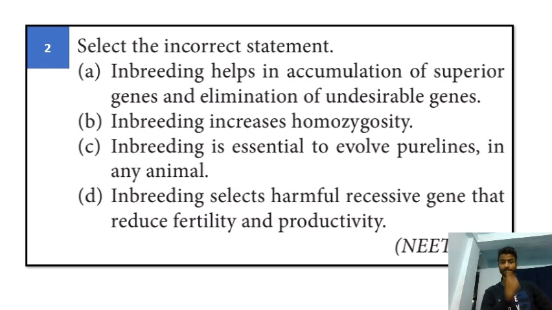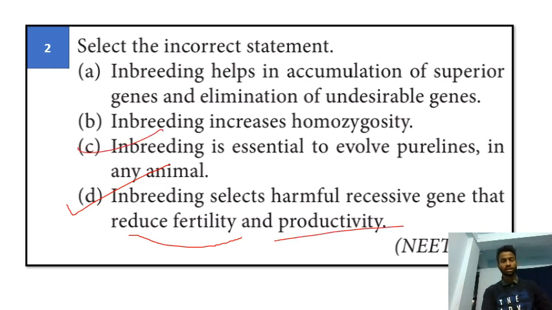Select the incorrect statement. Inbreeding helps in accumulation of superior genes and elimination of undesirable genes. Inbreeding increases homozygosity. Inbreeding is essential to evolve pure lines in any animal. Inbreeding selects harmful recessive genes that reduce fertility and productivity. So we know it is right because after 4 to 5 generations it shows less fertility and productivity.